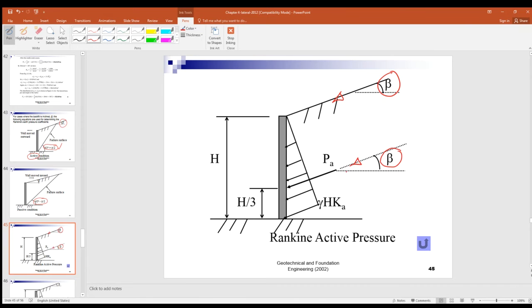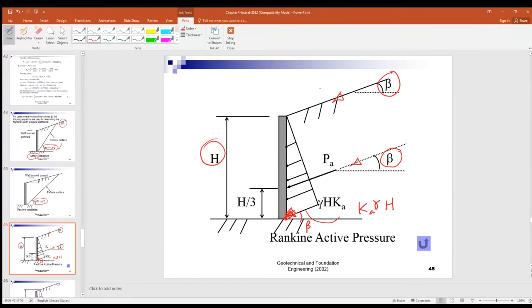So what you have to do, again, you have to work out the pressure here, Ka gamma H, right? But please remember the direction here will be at angle beta, parallel to the sloping surface.